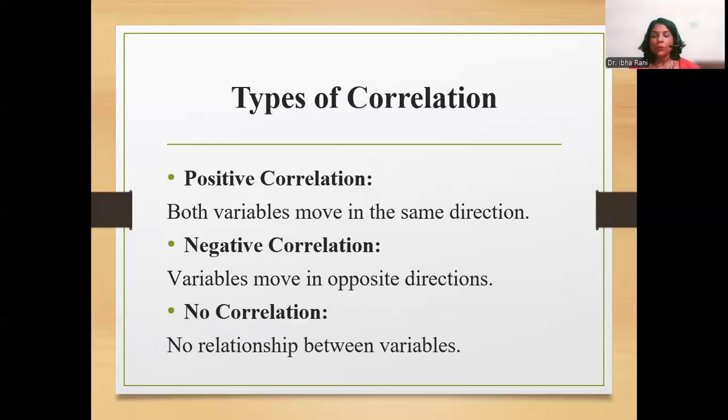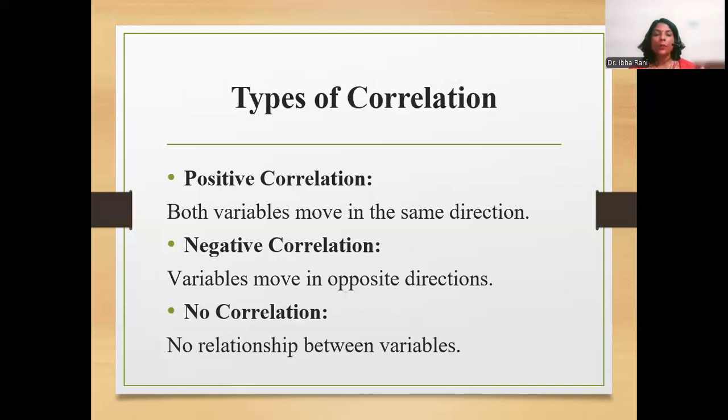Now, when you talk about correlation, there are different types of correlation: positive correlation, negative correlation, and no correlation. Positive means if there are two variables, both variables are moving in the same direction. If advertisement expenses are increasing, the sales volume also will increase.